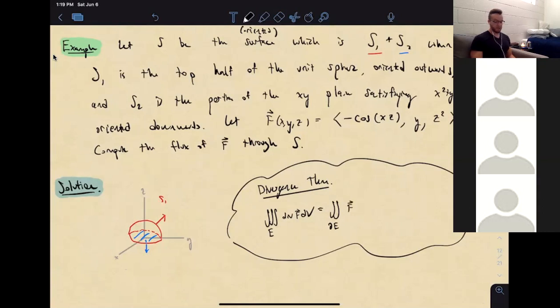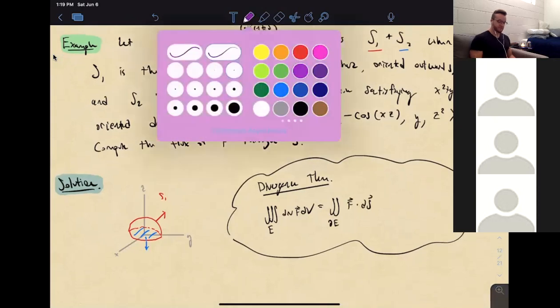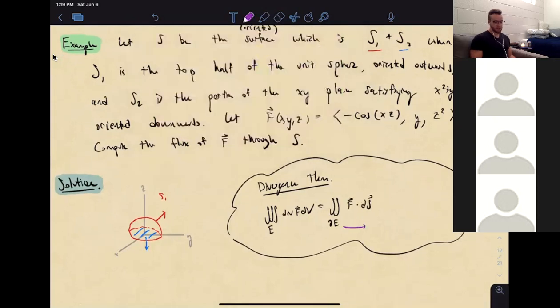So integrating the divergence gives you the flux through the boundary surface. And the important thing about the divergence theorem is that when we write something like boundary of E, by convention, this has outward orientation, right? So this is outwardly oriented. And it looks like that's what we have here, right?